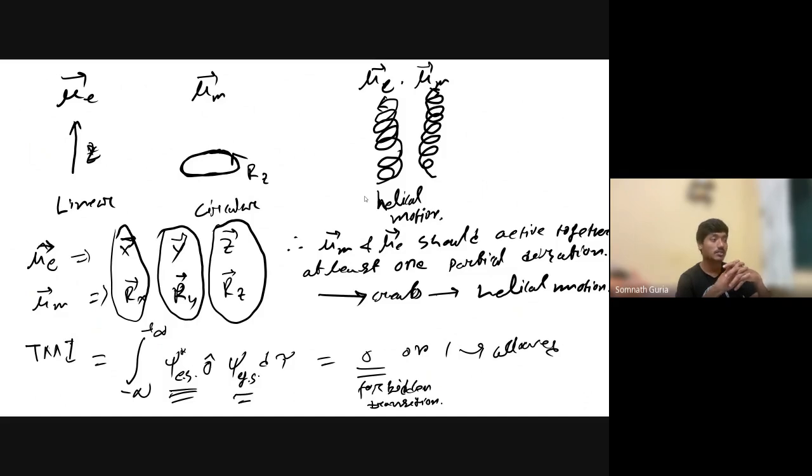To check that, we find the point group of the molecule. In the character table of that point group, x and Rx, or y and Ry, or z and Rz, must be active together in one particular symmetry operation.